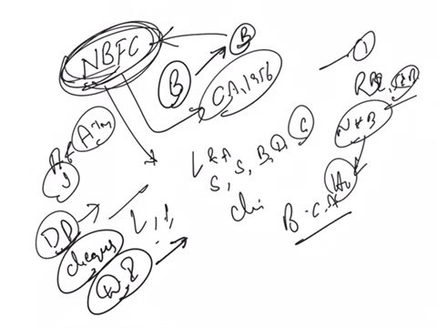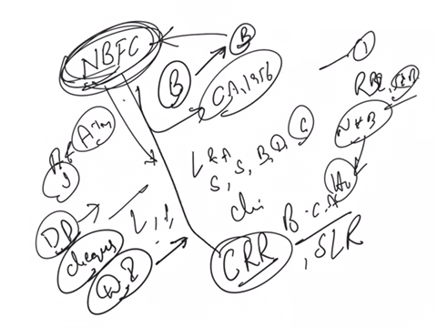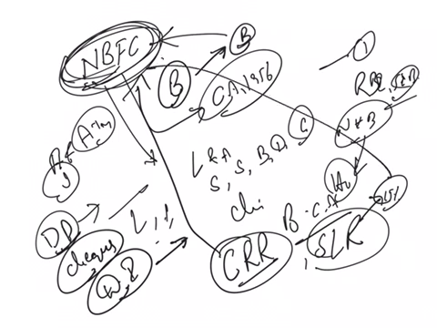And in the case of banks, we had two provisions: cash reserve ratio and statutory liquidity ratio. The CRR is not applicable to NBFCs, whereas an SLR of 15% only is applicable to non-banking financial companies.